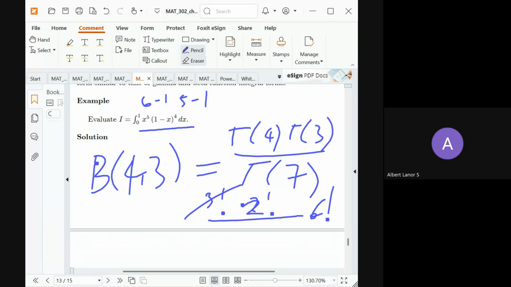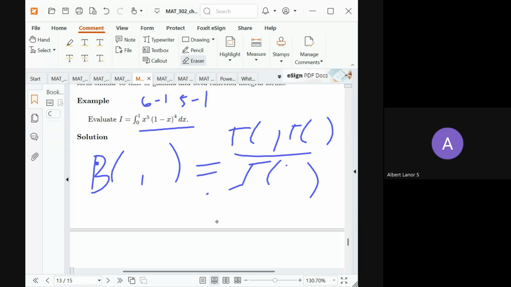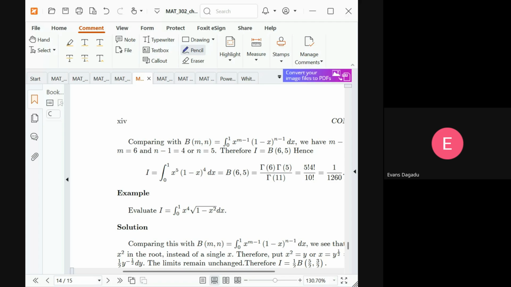So let me just make some quick amendments here. So it should be beta of 6 and 5. Then you're going to have the gamma of 11 divided by that of 11.